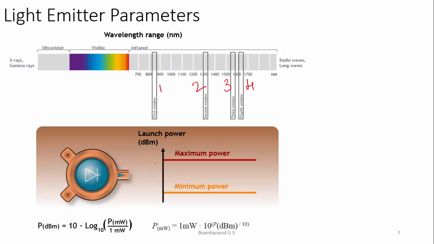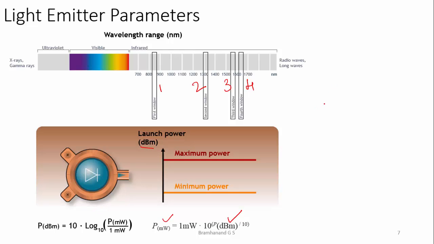The launching power depends on the class of the laser, which we will discuss in a separate slide. But the launching power is represented either in dBm or in milliwatts. Normally, the launching power is represented in dBm for simplification.